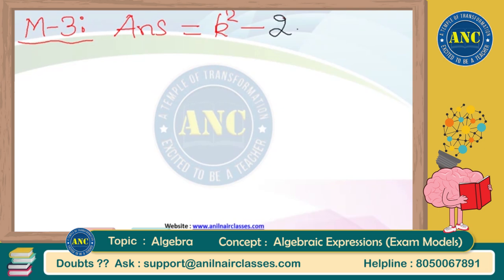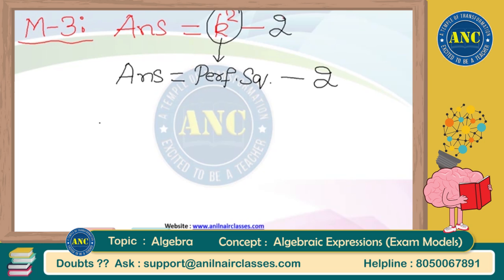My answer is k square minus 2. You know it. Or in simple language, k square is nothing but a perfect square. Any number which is having the power as 2 or multiples of 2 is a perfect square. That means whenever the powers are getting doubled, answer is perfect square minus 2.